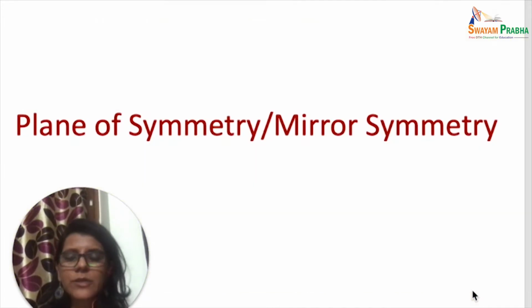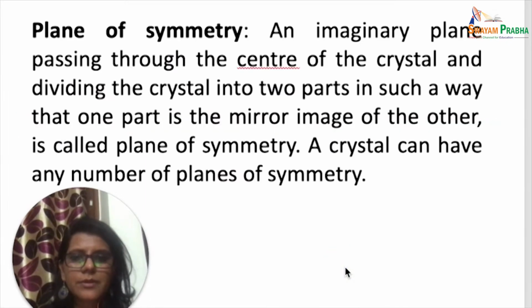Now let's look at the plane of symmetry, which is also called mirror symmetry. What is a plane of symmetry? A plane of symmetry is an imaginary plane in a crystal system. With respect to the plane, the crystal is divided into two halves.